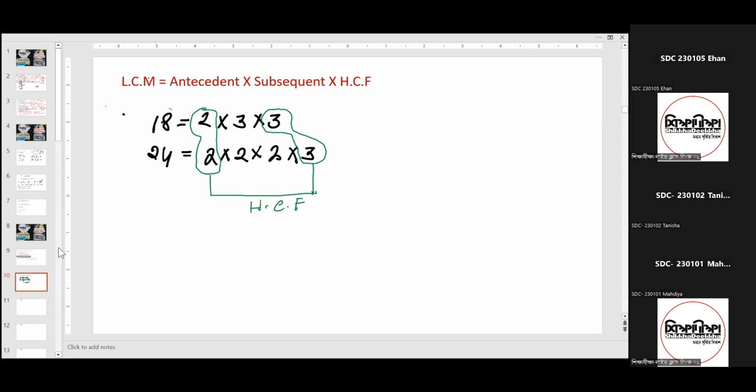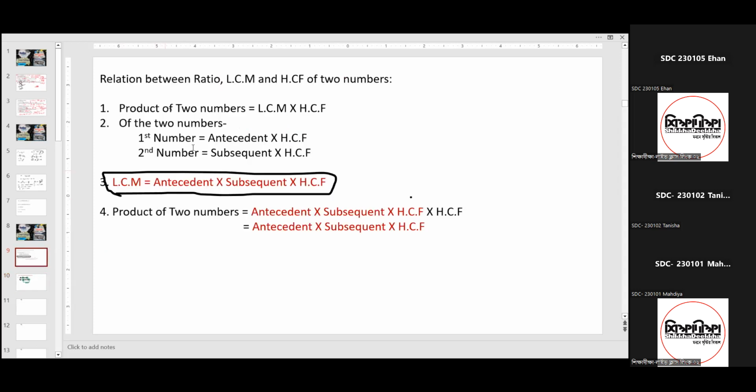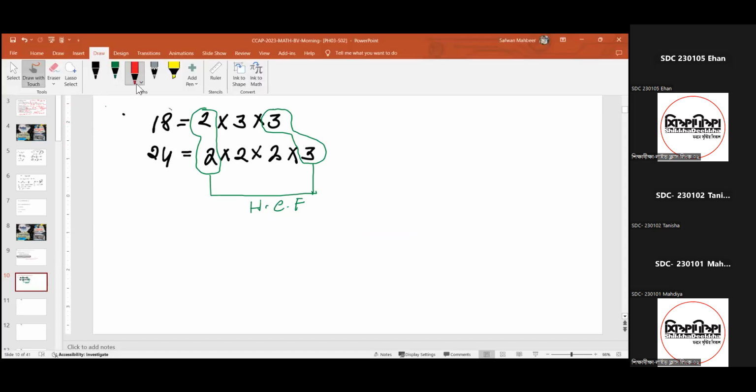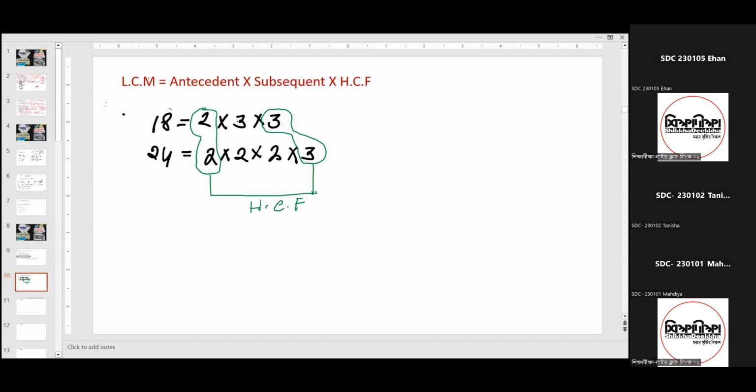And as you know, the first number is what? Antecedent multiplied by HCF. Second number, subsequent multiplied by HCF. So in each number, let's observe one thing. Since this 2 and 3 make the HCF, this is going to be the antecedent, right?